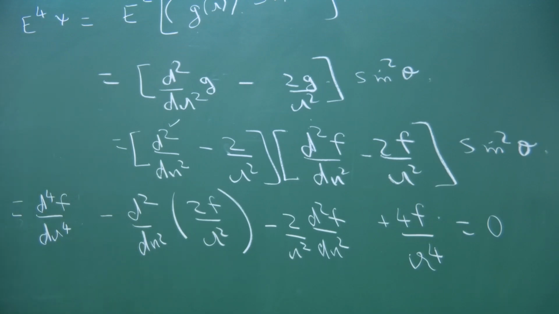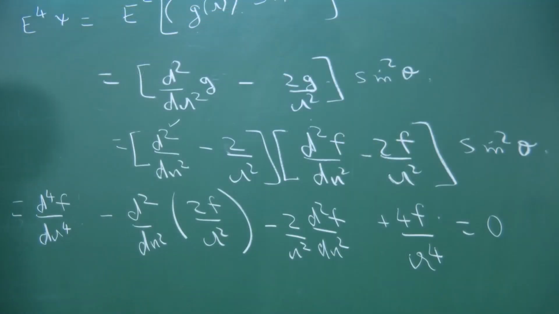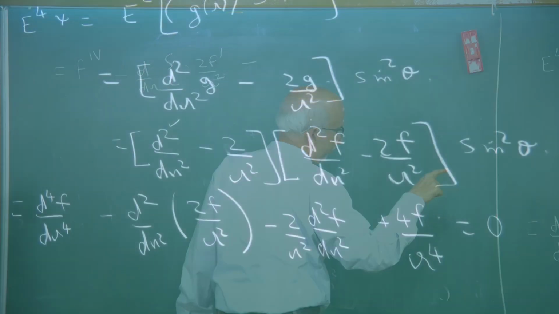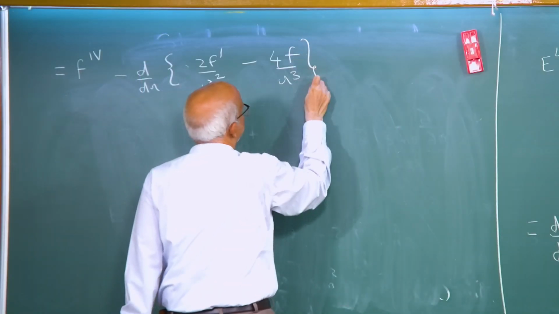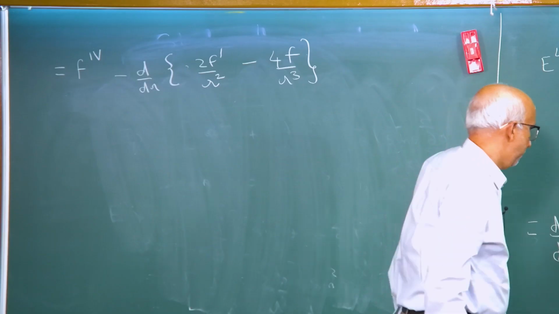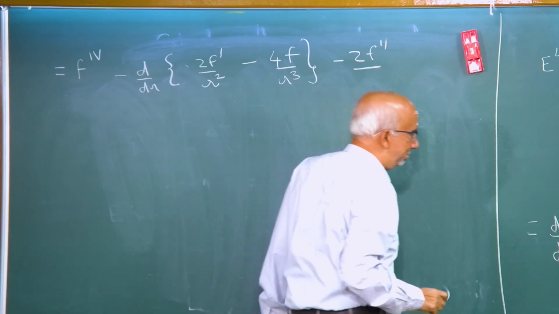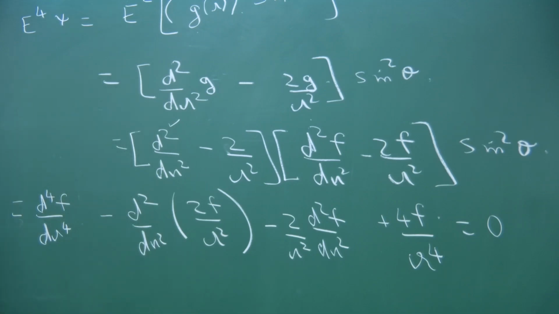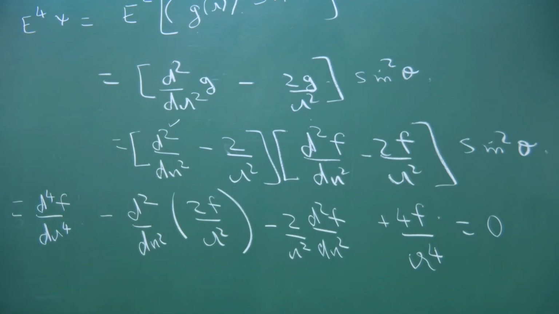Using the product rule, 2f dash by r squared minus 4f by r cube, minus 2f double dash divided by r squared, plus 4f by r power 4, equal to 0.